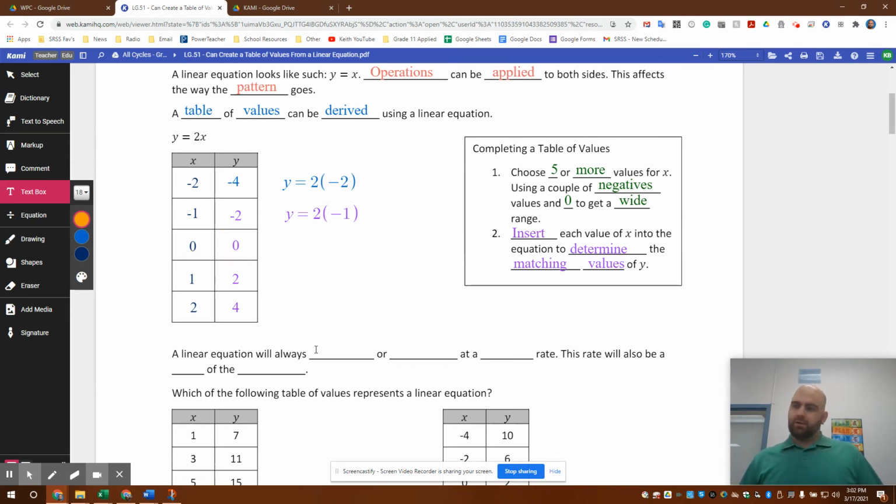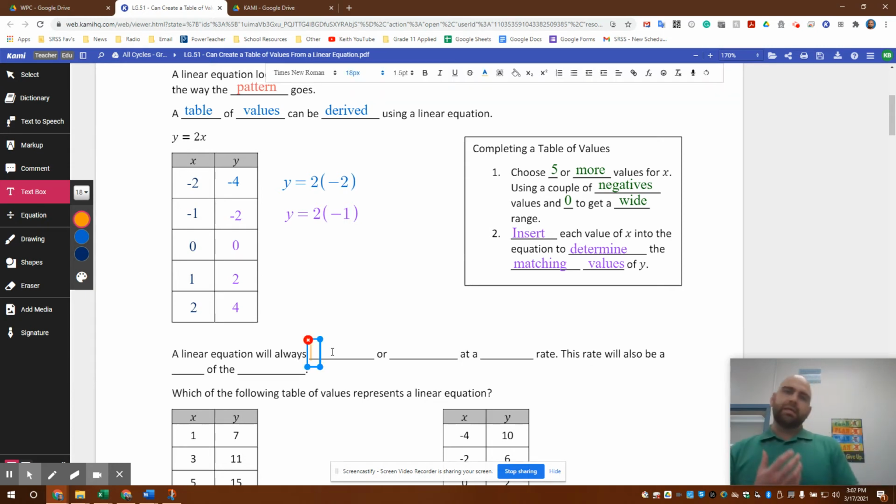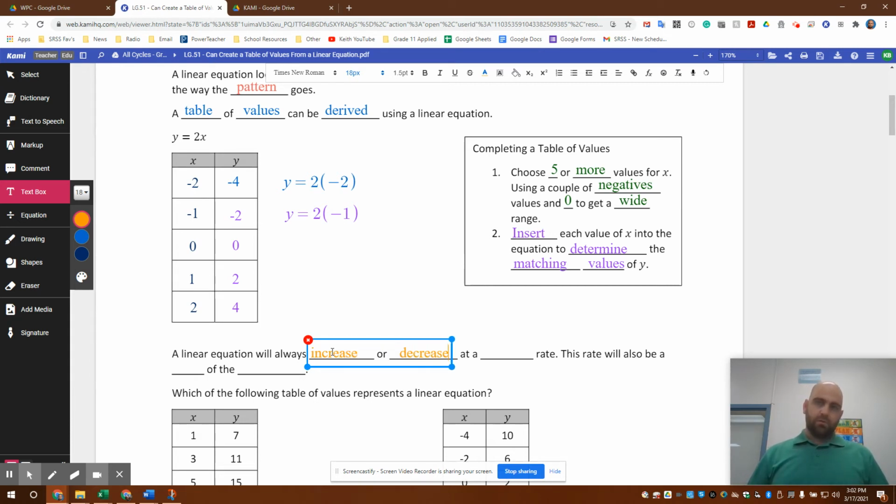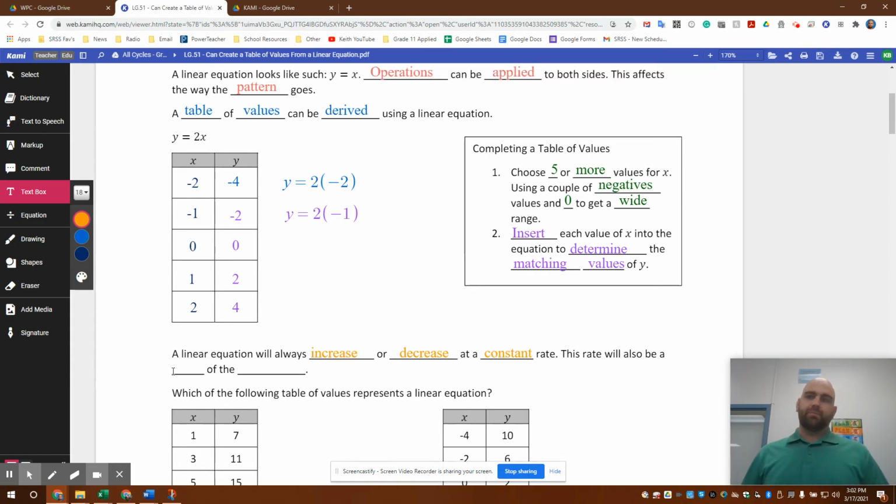Now, not all tables of values are going to be linear, but a linear equation will always increase or decrease at a constant rate. Okay, so it'll always go up or down by the exact same amount.